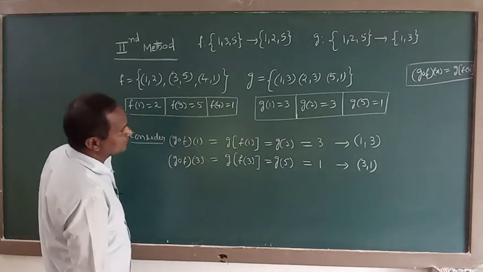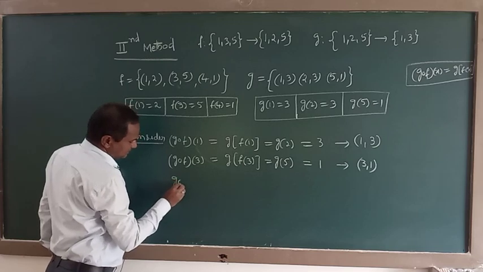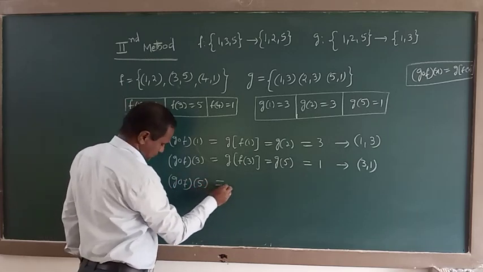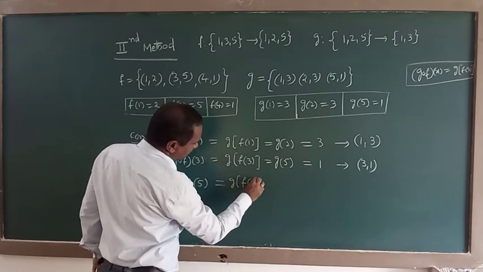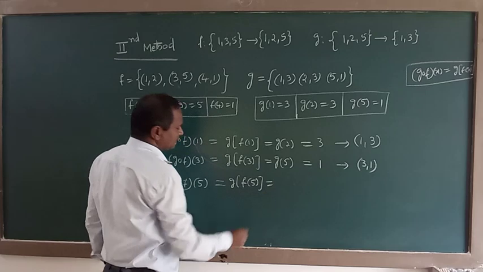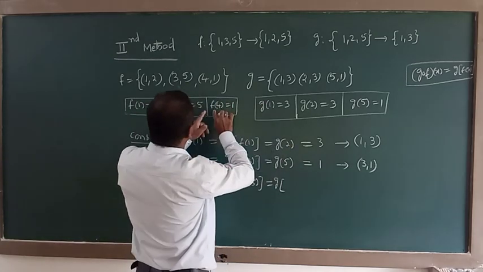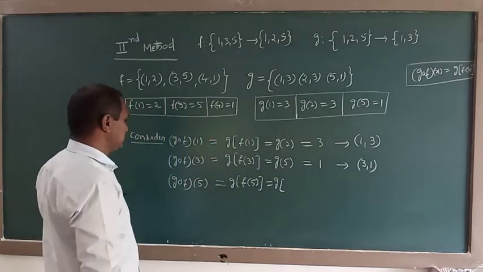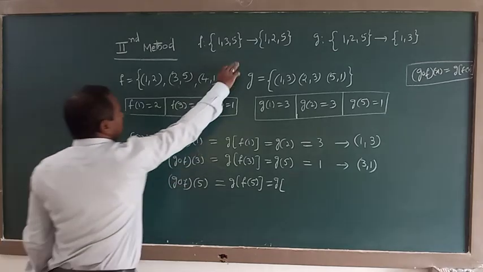Next one is the last element, 5. G circle f of 5 is equal to G of f of 5. What is f of 5 here? 1, 3, 4.